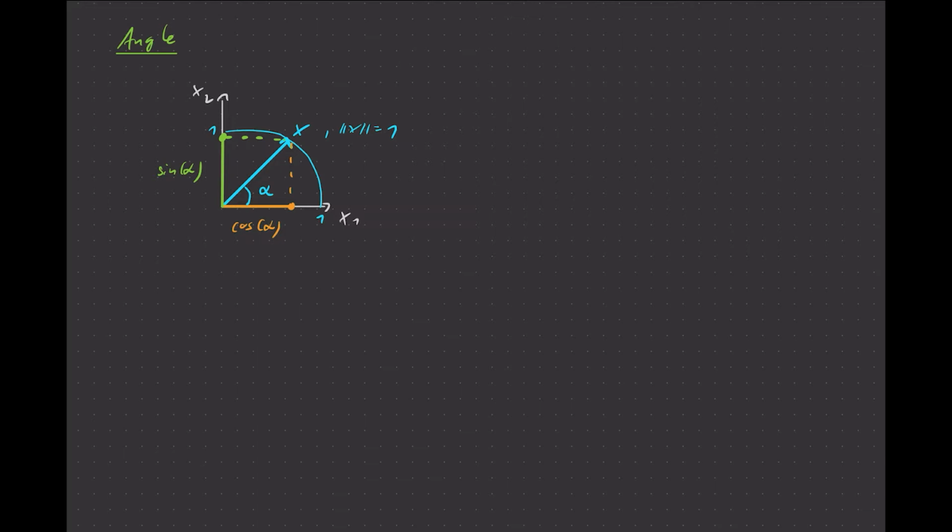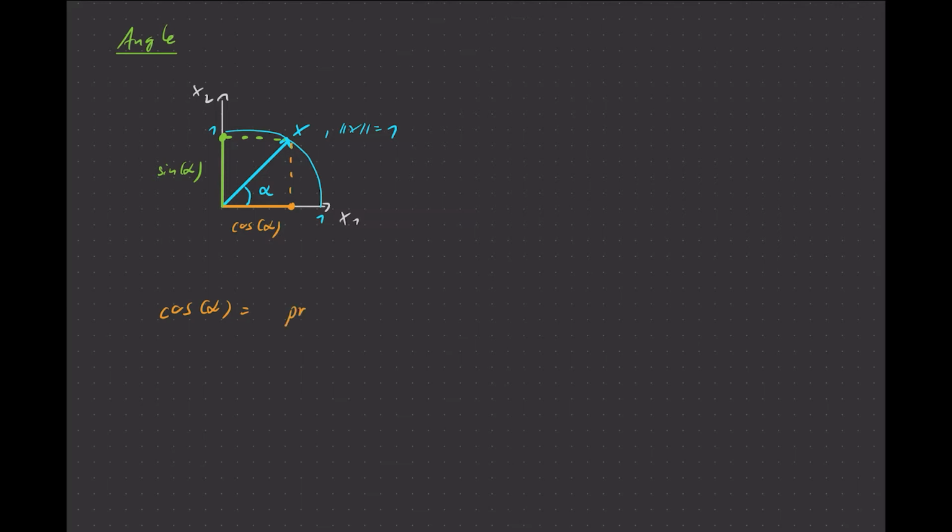So if we have a vector that is in that first orthant here with positive values for the x1 and x2 axis, then we can simply say the following. The cosine of alpha is given as the length of the projection of x onto the x1 axis.